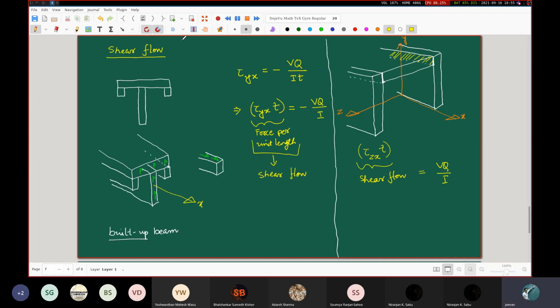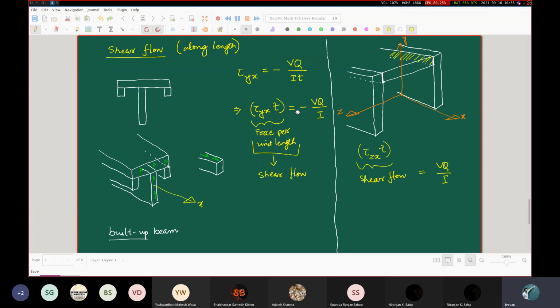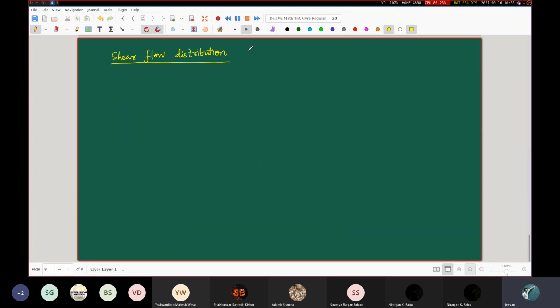But it will be more useful if I write this one as along the length, and this one as within a particular cross section. Now I will again draw the I-beam, but in a three-dimensional configuration.